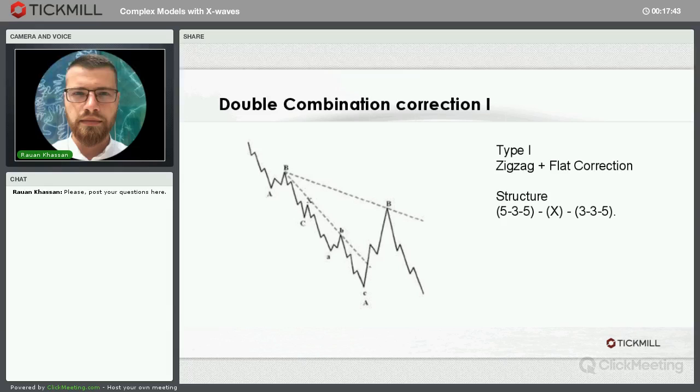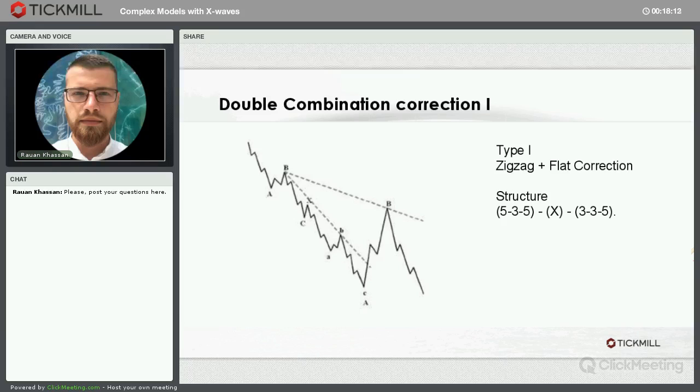The structure of such a combination is 5-3-5, which are parts of the zigzag, followed by an X wave, which always has a correction structure, so it means 3 again, and then a 3-3-5 structure, which is required to be identified as a flat correction.